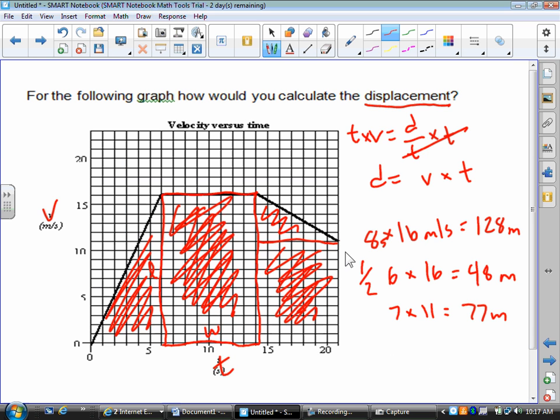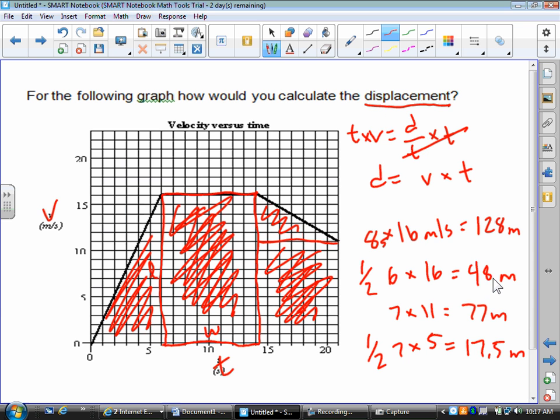The base is 7 again, so it's 1/2 times 7 times a height of 1, 2, 3, 4, 5. So 7 times a half is 3.5. 3.5 times 5, sorry. 17.5 meters.